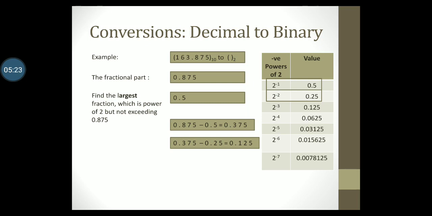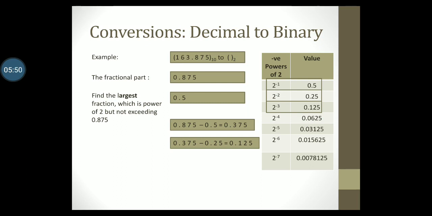Doing the same procedure again, we find a number which is a power of 2 but does not exceed 0.125. From the table, we see that 2 raised to minus 3 is equal to 0.125, a number which is a power of 2 and does not exceed 0.125.